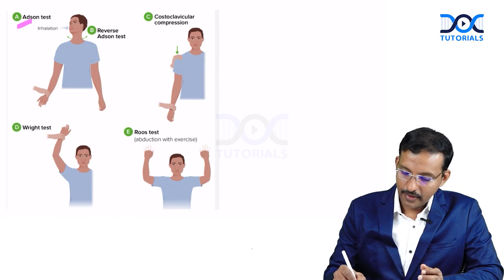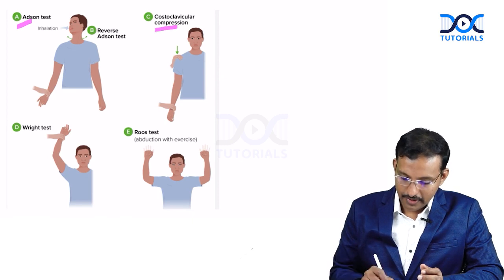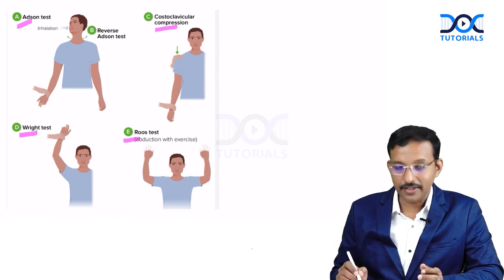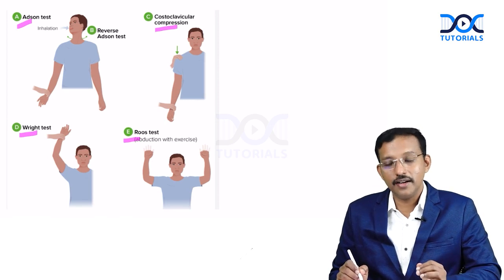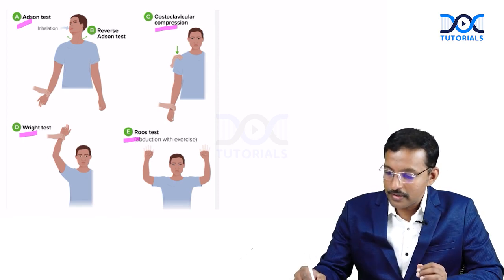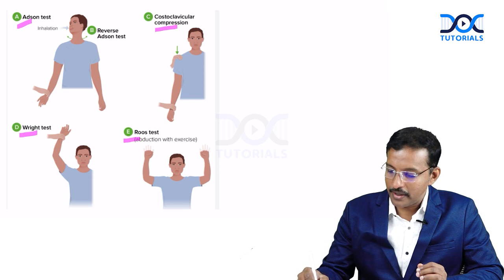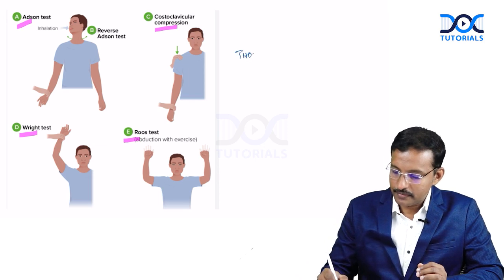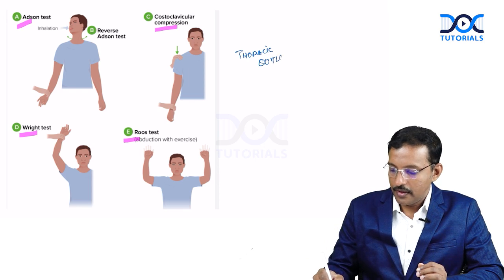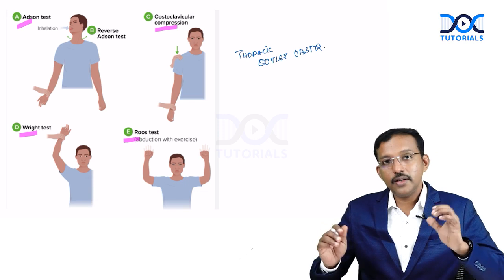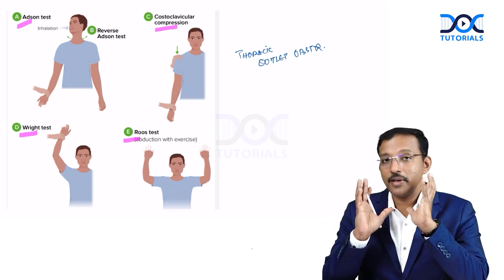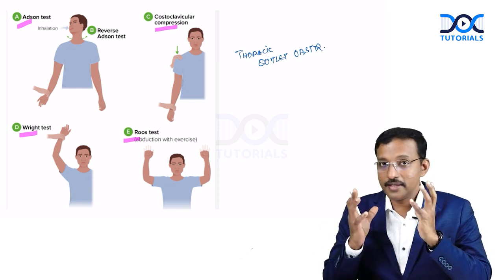Now they have also given a few tests which you can learn, which is really important: Hudson test, costoclavicular compression test, Wright test and Roos test. These are 4 tests which you can learn for thoracic outlet obstruction. All of them depict thoracic outlet obstruction. When they occlude this, the face will become congested and you can see the patient's difficulty.